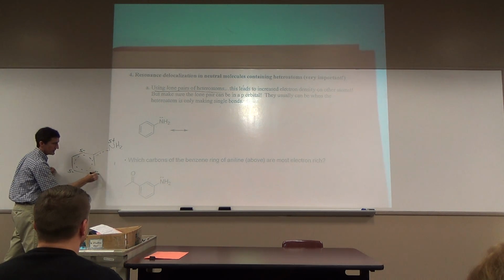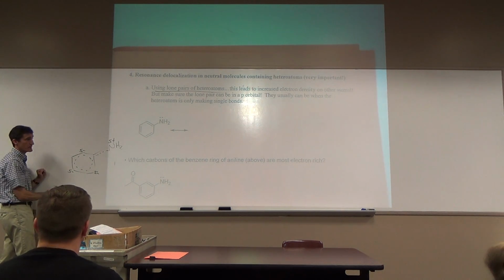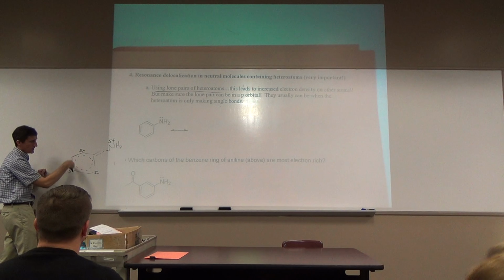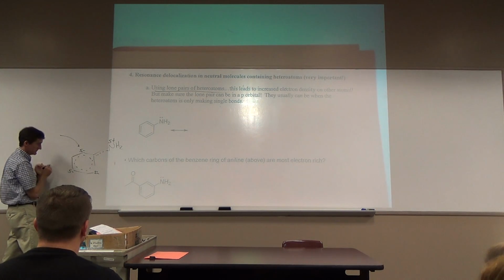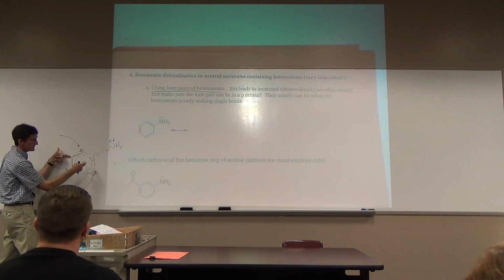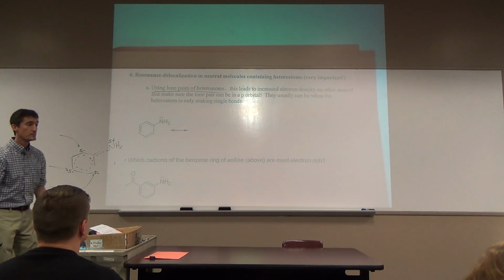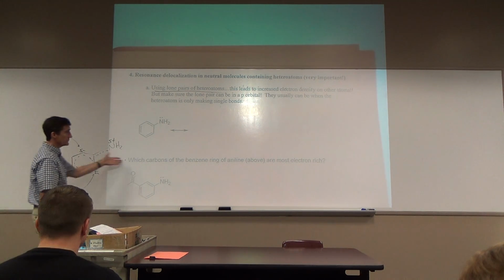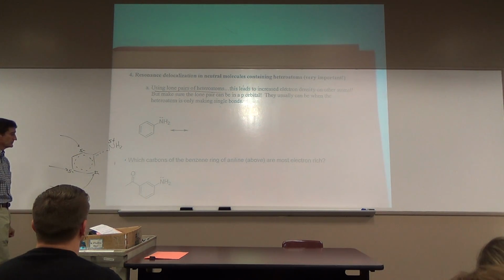The third one will be here. And here's your answer. Which carbons of the ring are more electron rich? That one, and that one. They're partial minus. These are neutral. Such an answer comes from assessing your resonance structures and the hybrid.